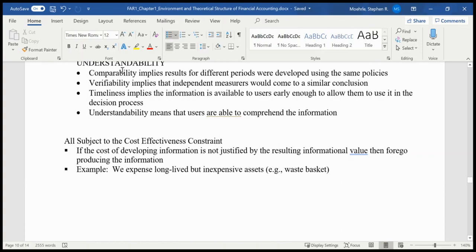If the cost of developing information is not justified by the resulting informational value, then we're going to forego producing the information. Is it worth it? Is the cost of developing this information going to make a big enough change in people's decisions that it is justified by the value it's going to provide in the information?